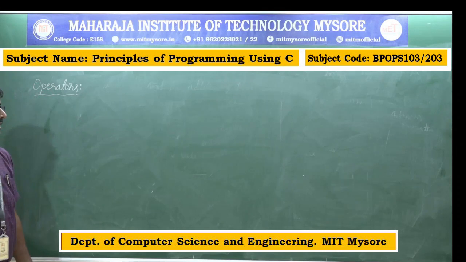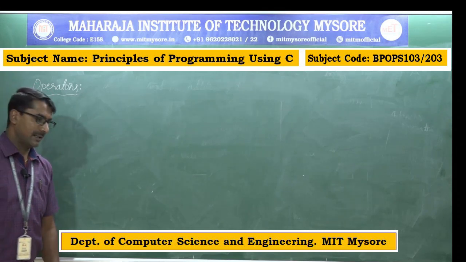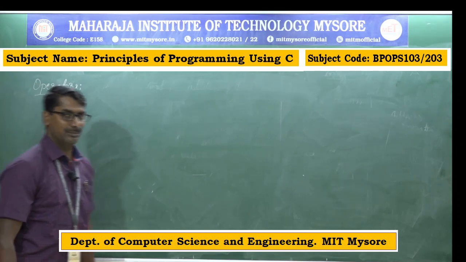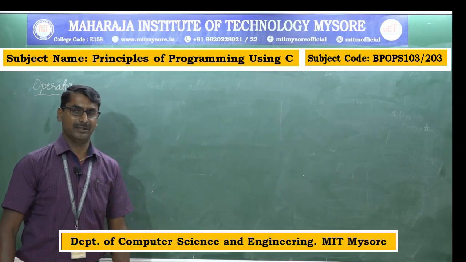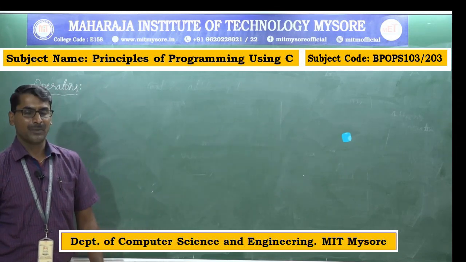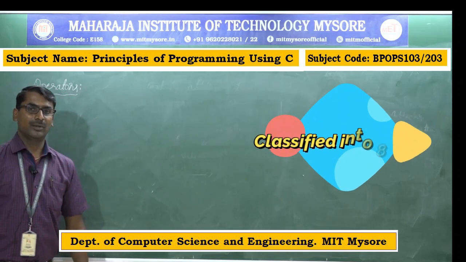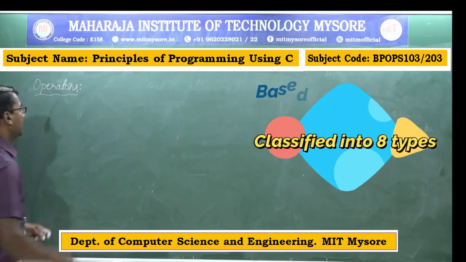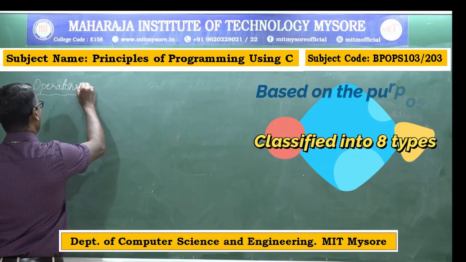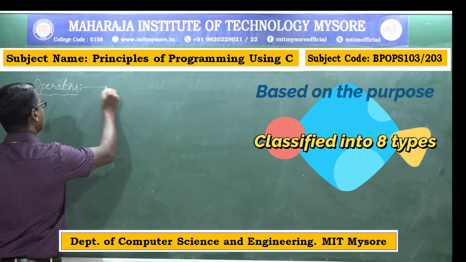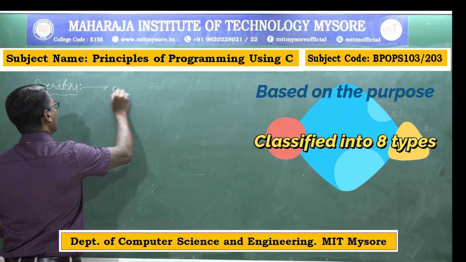So in C language, the operators are categorized into different types based on the purpose. Based on the operation the operator performs, the operators are classified into different categories.